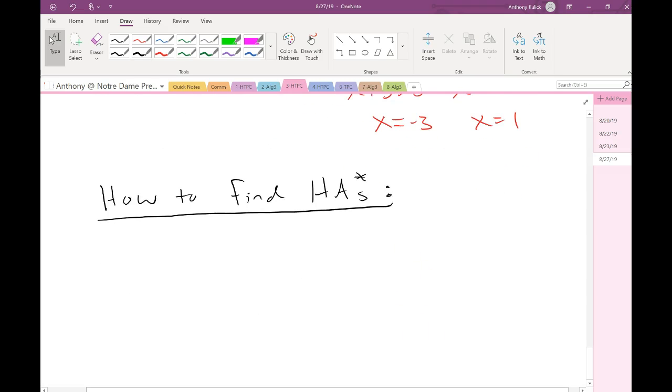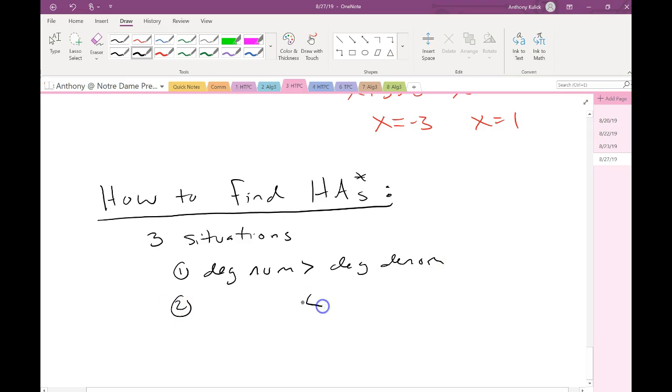Does anyone remember how to do this? Yeah, so there's 3 situations where we have degree of the numerator greater than the degree of the denominator, we have less than, and then we have equal to.